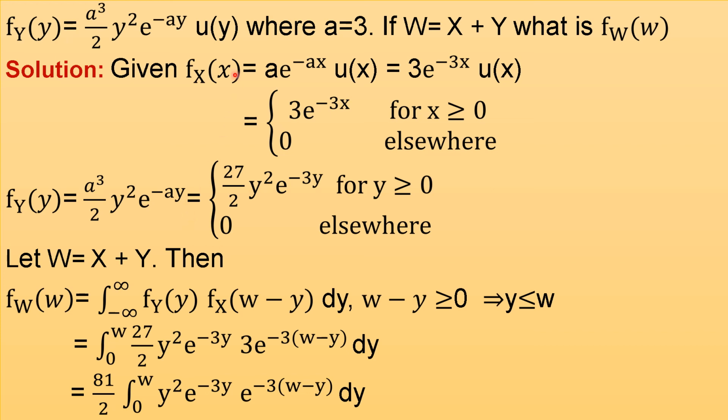So for y greater than or equal to 0, u(y) is 1, meaning a cube into y square into e power minus ay for y greater than or equal to 0, and 0 elsewhere. A cube means 3 cube, 27 by 2 into y square into e power minus 3y for y greater than or equal to 0, and 0 elsewhere.